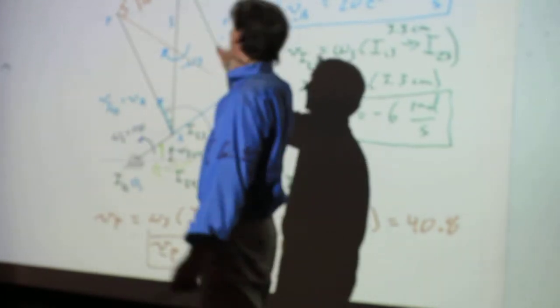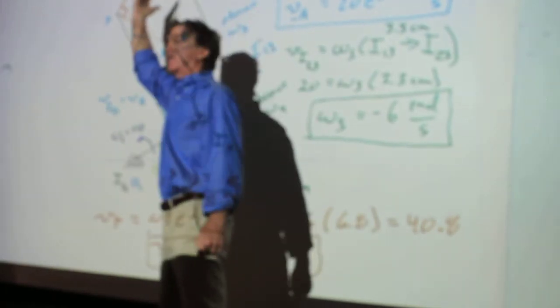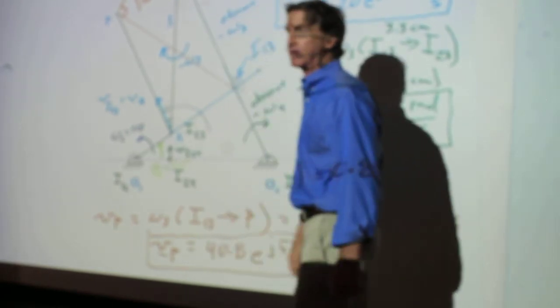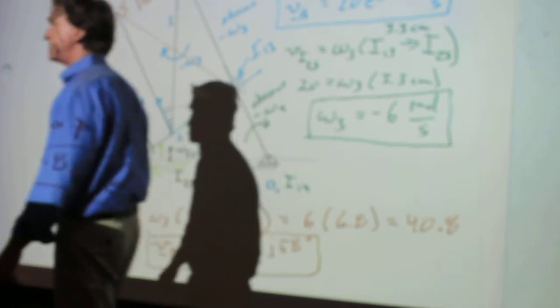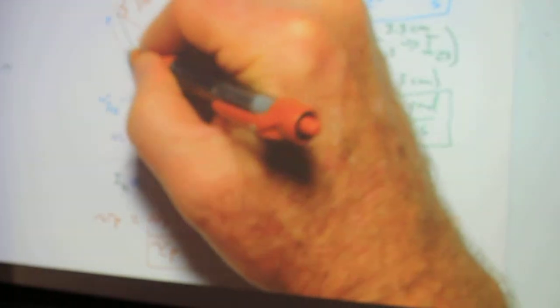Because omega 3 is going like that, it's driving that thing up like that. Okay? How is point P on 3? Because it's welded right here. This is one big link. All right? Okay, so that's the velocity of P.